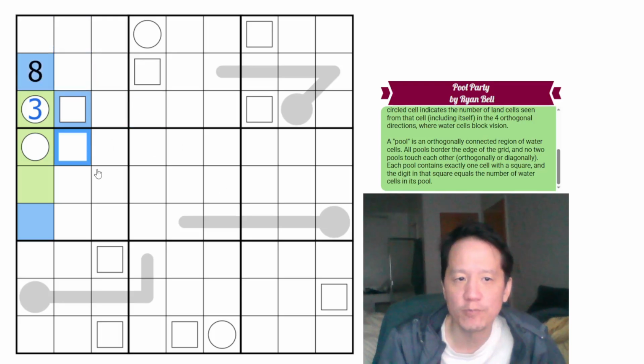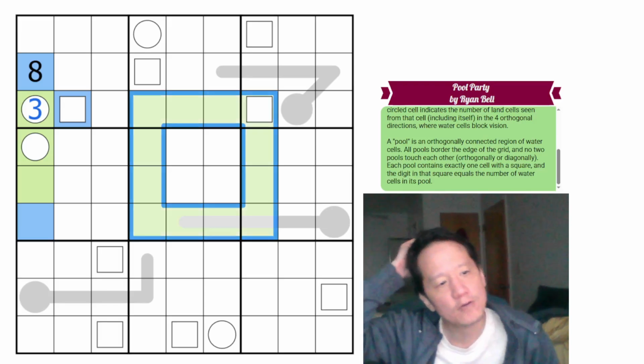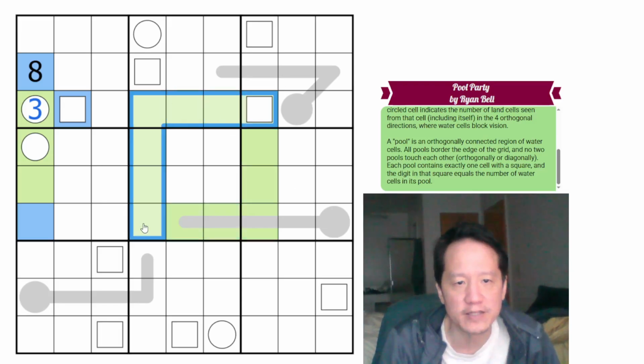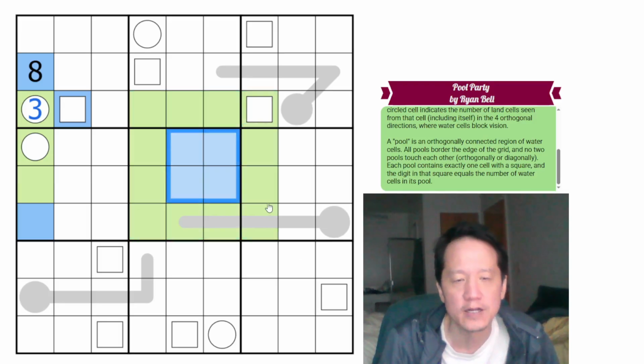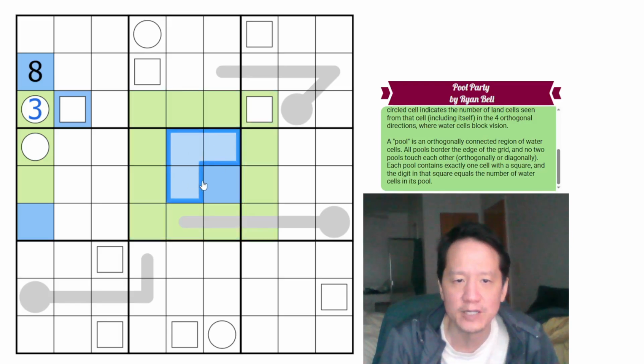You cannot have a pool that is surrounded by land. These are typical cave rules scenarios. So you cannot have, say, the land forming a pool like here, because all pools must border the edge of the grid.